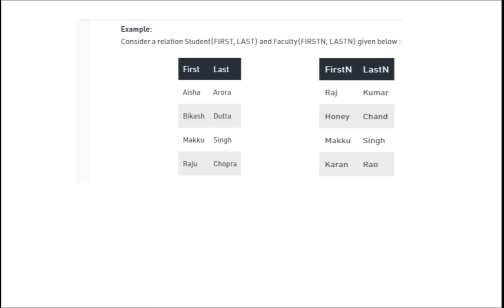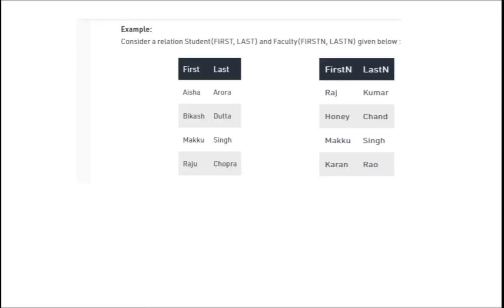See here. To explain this, I am considering two relations, student and faculty. Student contains the student names, faculty contains the faculty names. So these are the names.